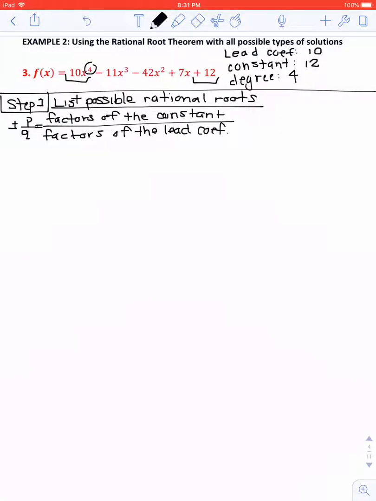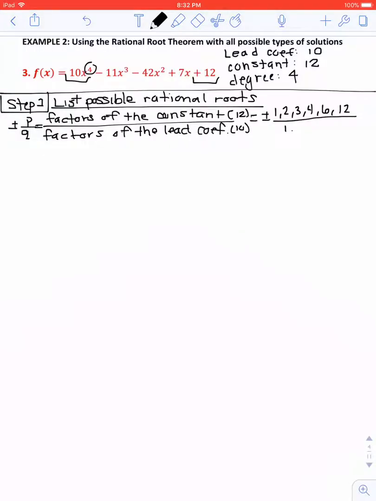So in this case, let's see, our constant is 12, our lead coefficient is 10. So we have plus or minus 1, 2, 3, 4, 6, and 12 all over 10.